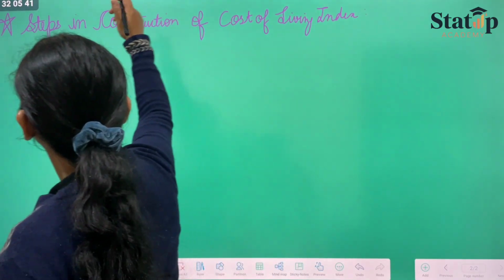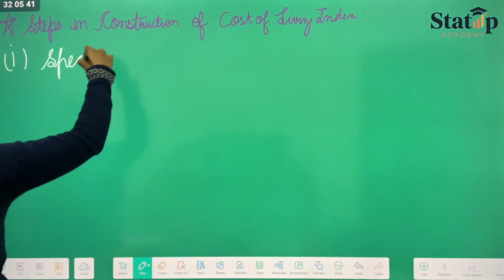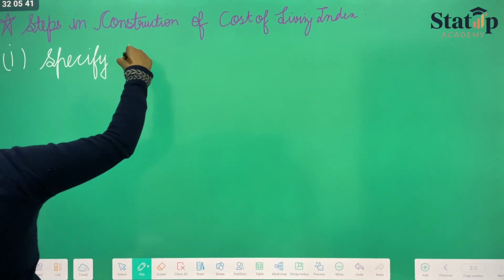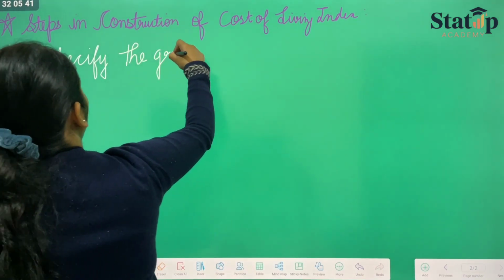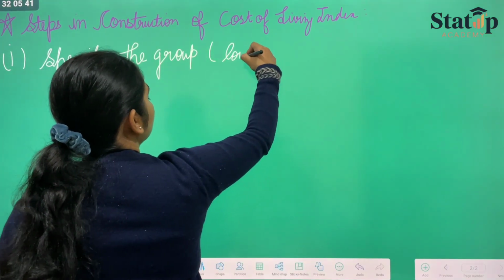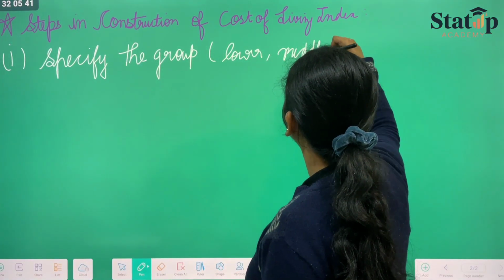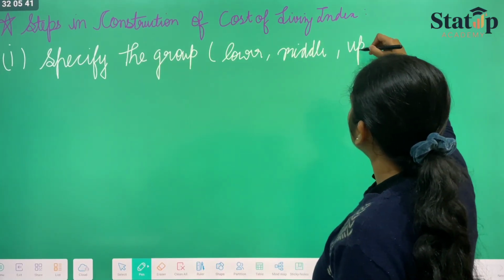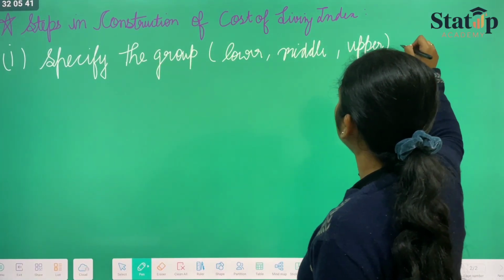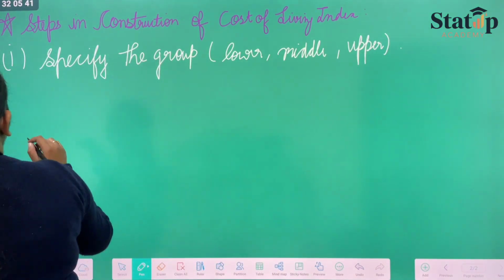As we all know, first of all we have to specify the group, whether the population or the sample belongs to the lower class or any worker, or middle class, or the upper class. This we are dividing on the basis of income, not on any other thing, so you should keep that in mind.